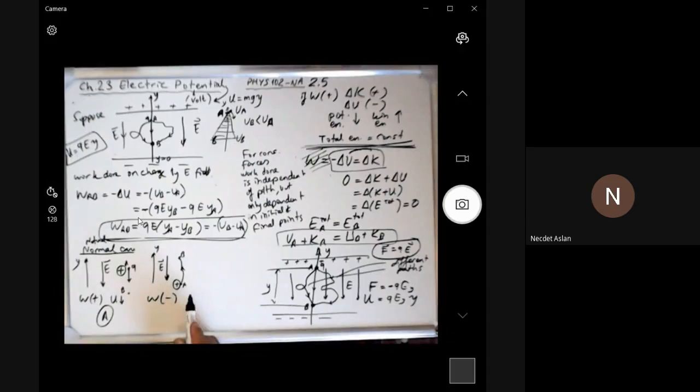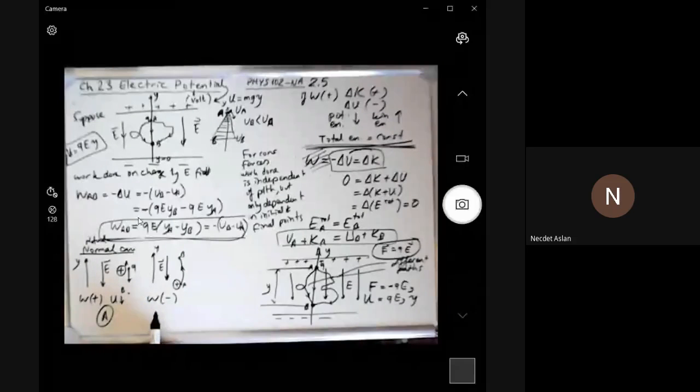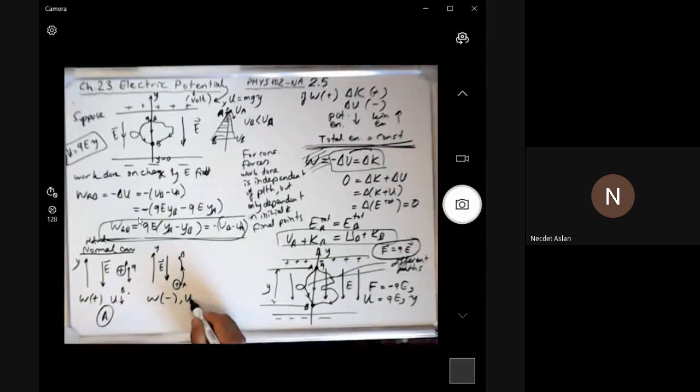In this case, if we ask ourselves, is this electric field doing the work? The answer is no, so W is negative. But now the potential energy increases in this case. The potential energy increases.